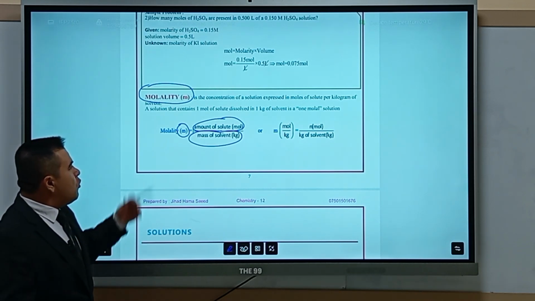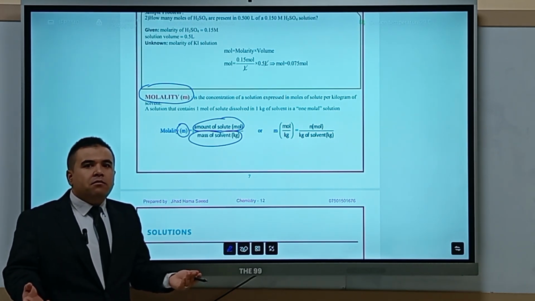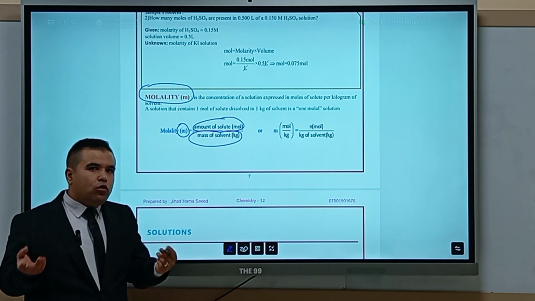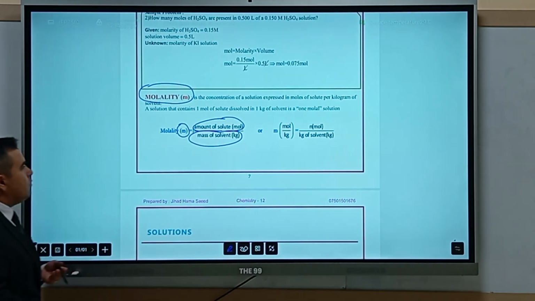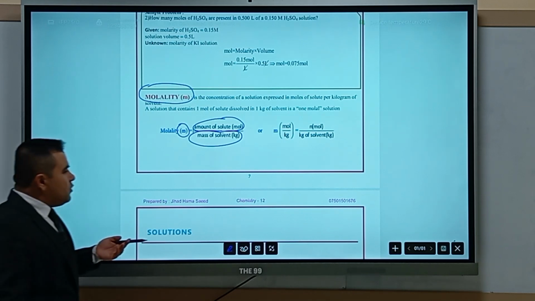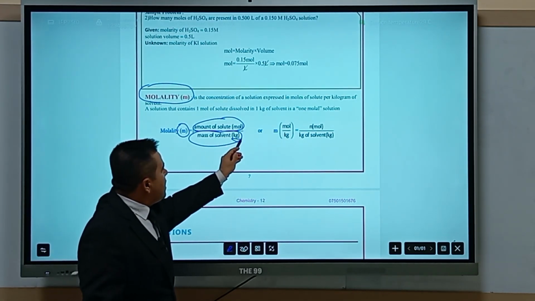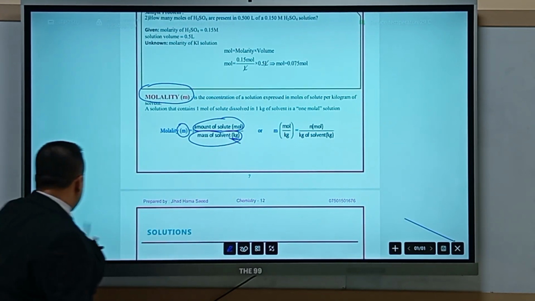Sometimes the mole may not be given directly, so use the molar mass equation to convert the mass and the molar mass to the mole. But you have to know that the mass of the solvent must always be in kilograms.